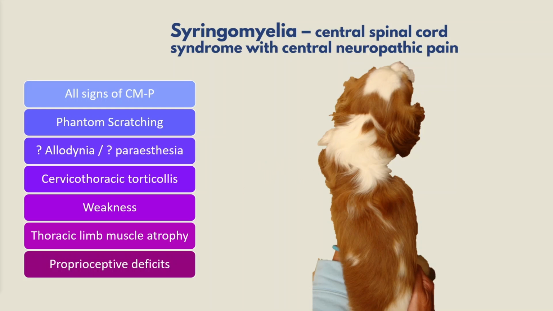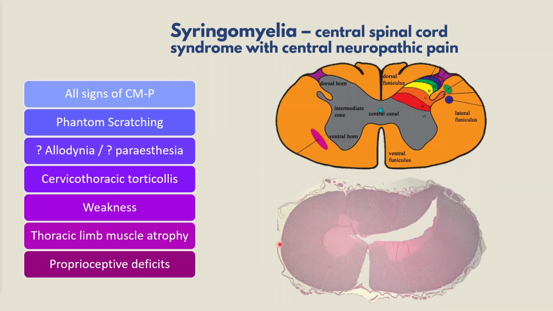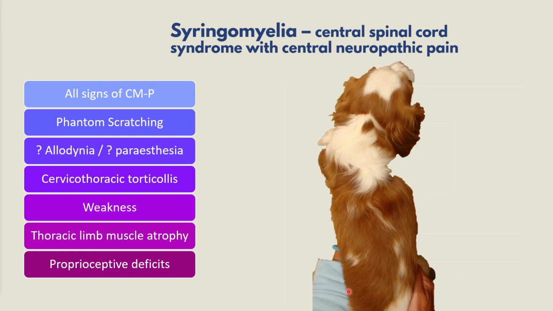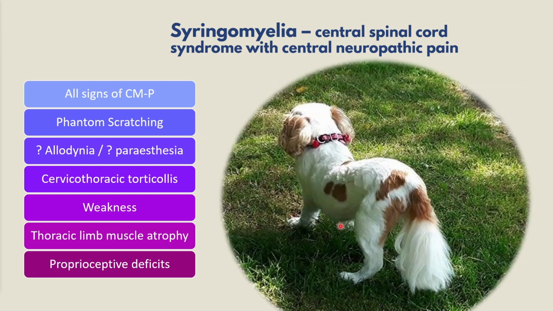If you damage the muscle in that area, so down in these regions we have the ventral horn area, we have the neurons which are going to the muscle. When that is damaged you can get weakness, and because the syrinx is often in this cervical thoracic region, the weakness is often of the back and the thoracic limbs.